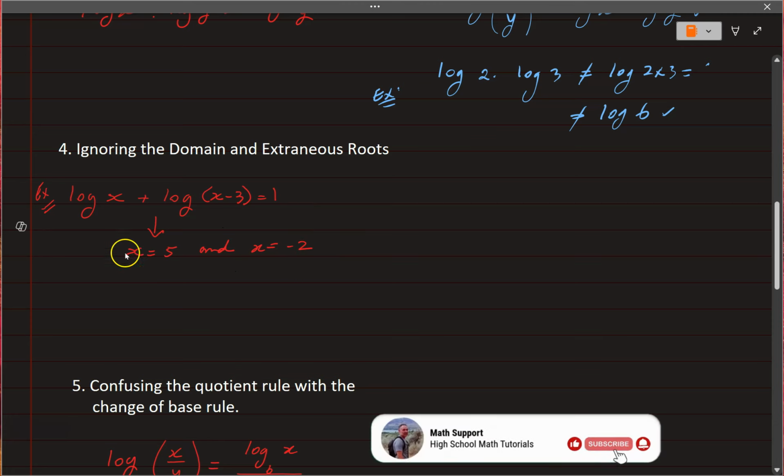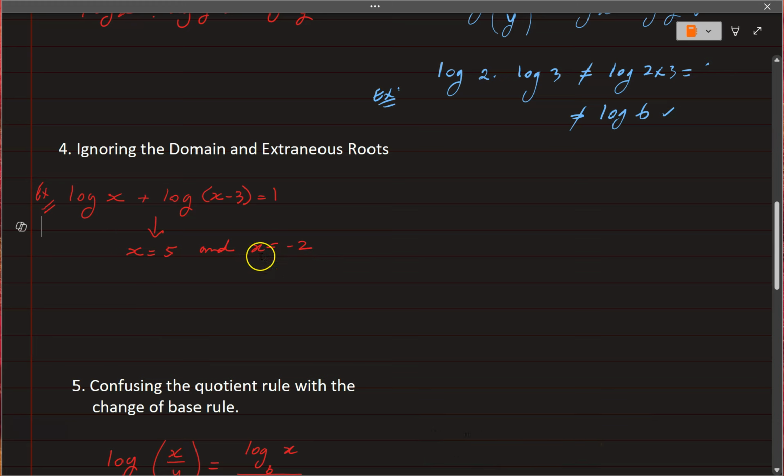But if you just leave it like this, you are penalized, because these two are not actual solutions, since one of them, or maybe both, won't work in the equation. Look at -2 right away. If you plug -2 back for x, log of -2 plus log of -2 minus 3, that's log of -5. You've got a negative argument for log.